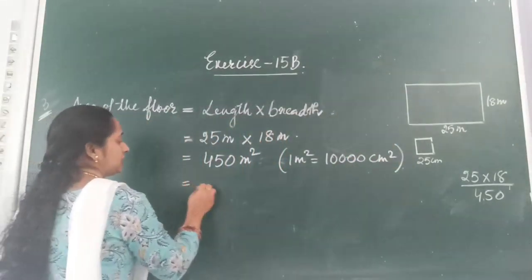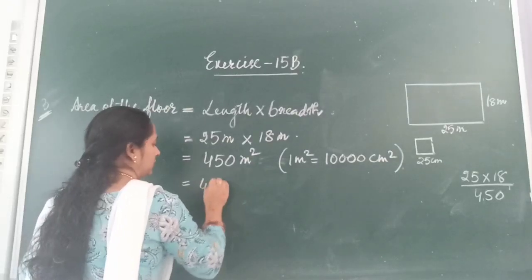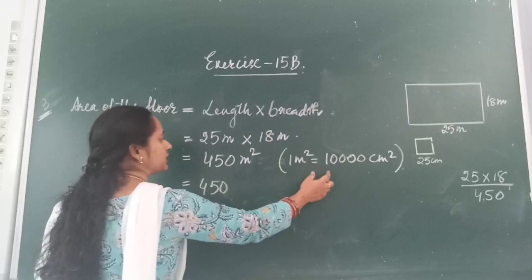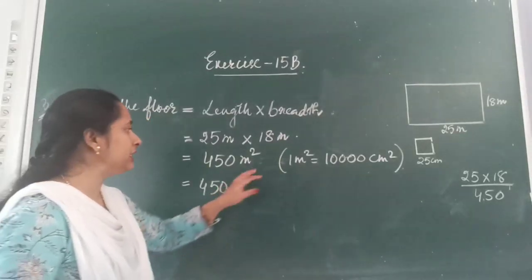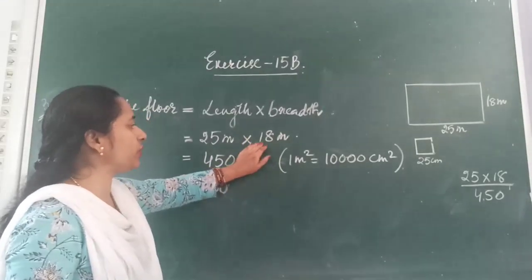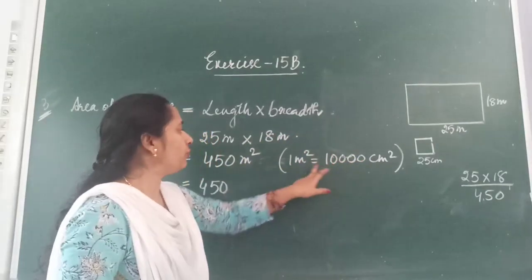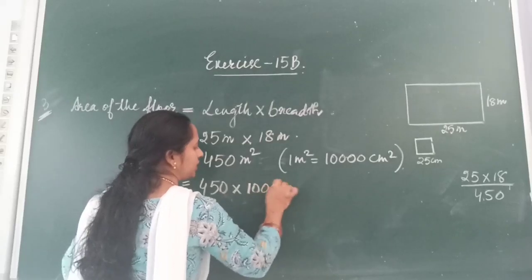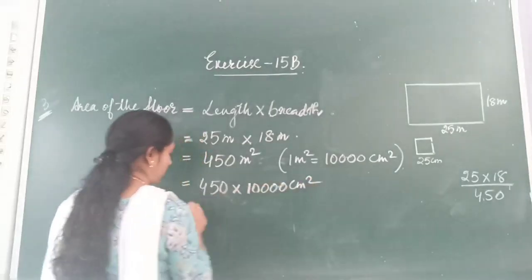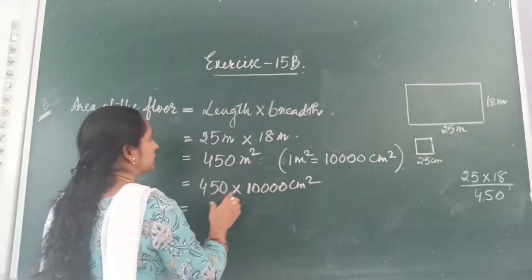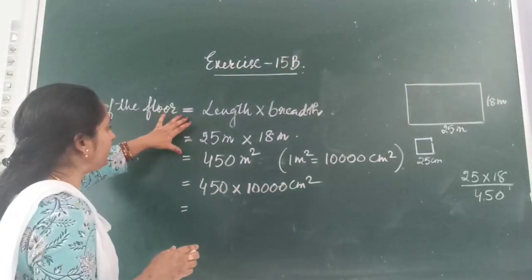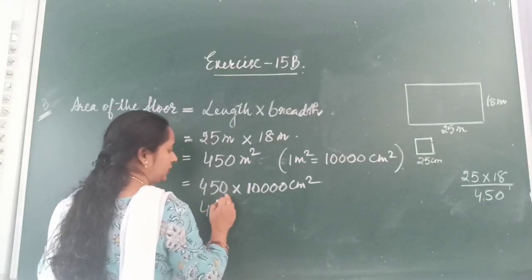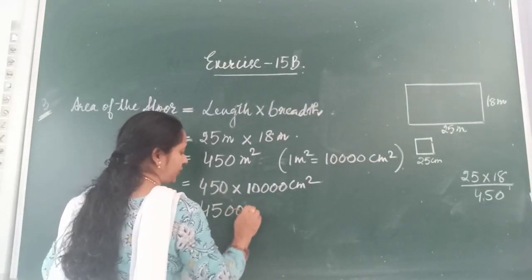Just convert this 450 meter square into centimeter square. How will you convert? Simply in the place of meter square you can put the value of 1 meter square, that is multiplied by 10,000 centimeter square. Now by multiplying this you will get the area in terms of centimeter square. So you get 4, 5 with how many zeros? 5 zeros, 45 lakhs.